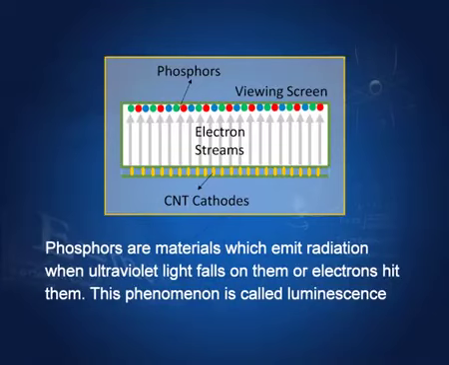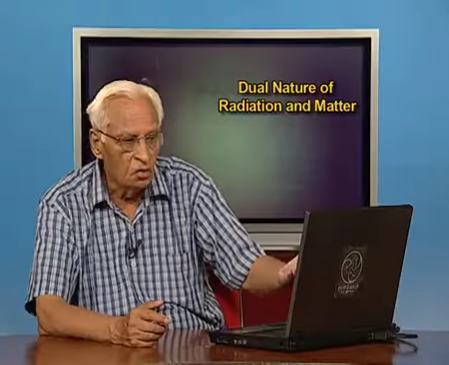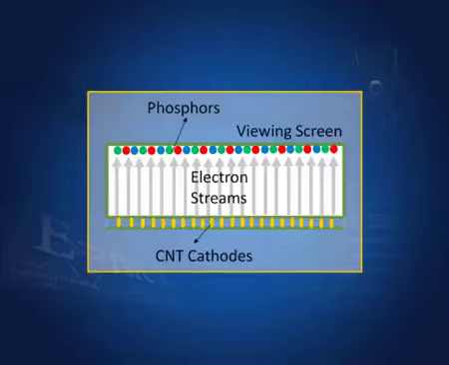In earlier televisions we had transformers which give very high voltage for the picture tube, but now this field effect display works only at 12 volts because of these carbon nanotubes, and this kind of arrangement is now used in high definition televisions.